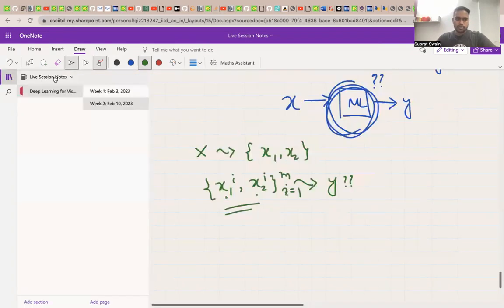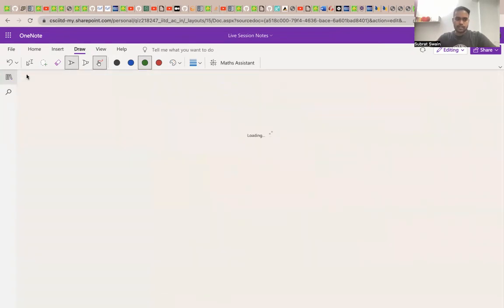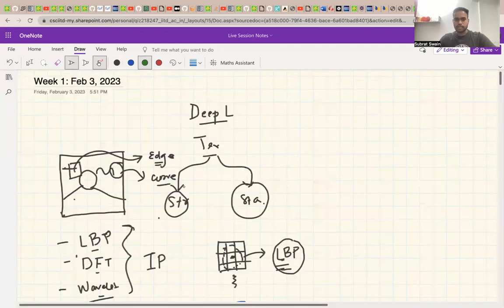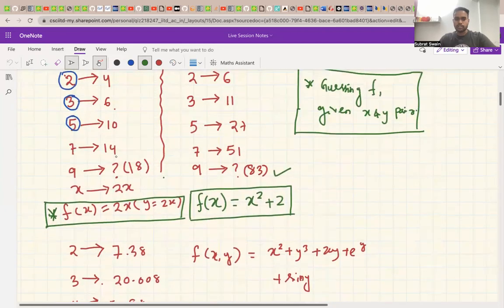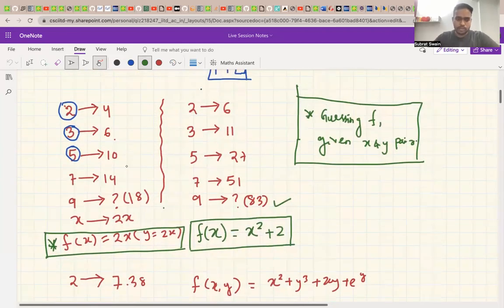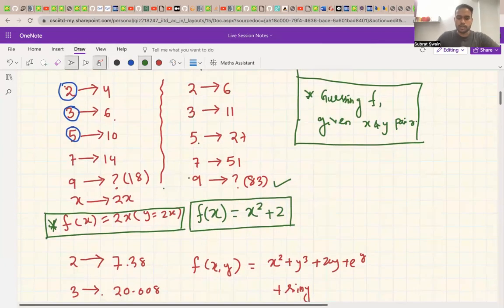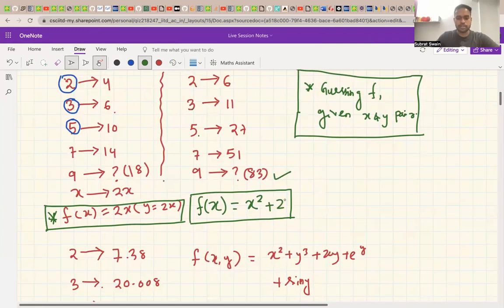So I'll go to the slides that I created last class just to remind you what this function was, otherwise you might be feeling lost. So this was the function, everyone can remember this, right? We saw that if 2 is given the equivalent is 6, if 3 is given the equivalent is 11, if 5 is given the equivalent is 27. So here f(x) is x square plus 2.